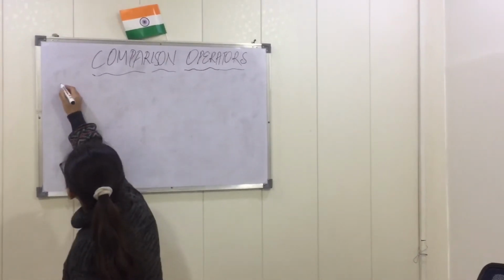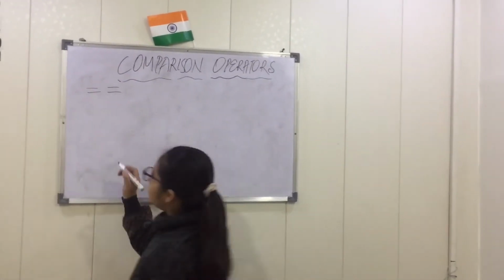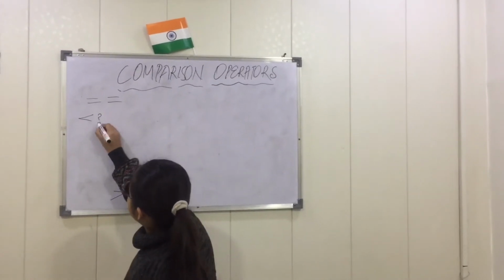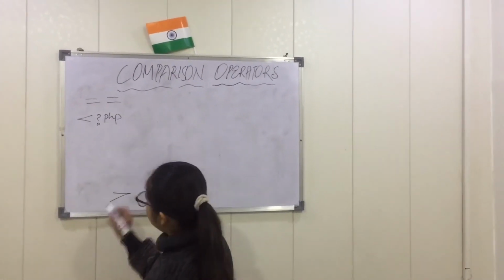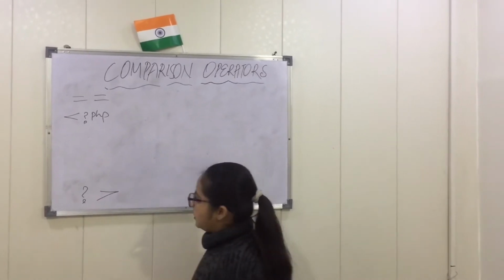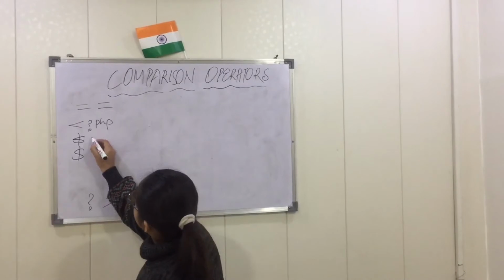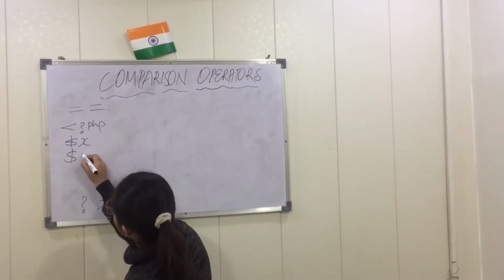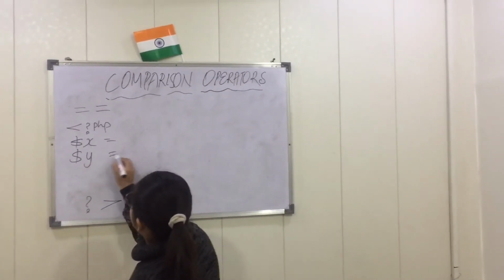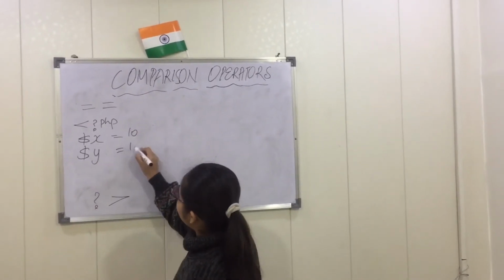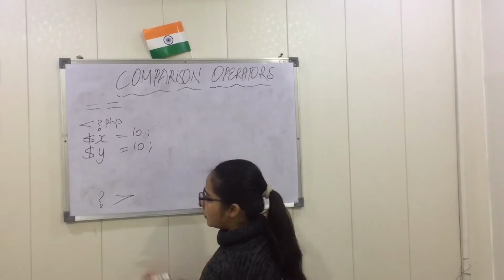Suppose I am taking the first one, that is equal. Now I am explaining the syntax. First of all, PHP tag start and PHP tag close. In between this, I will take two variables, x and y. I am giving the value of x as 10 and the value of y as 10, then a semicolon.